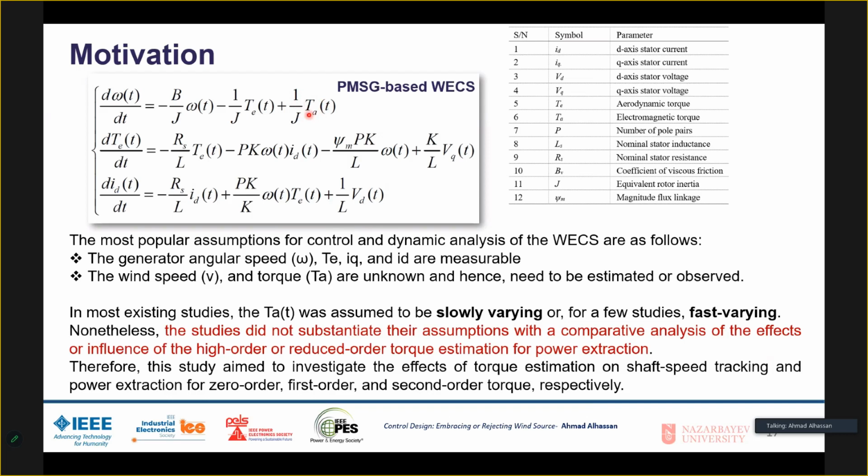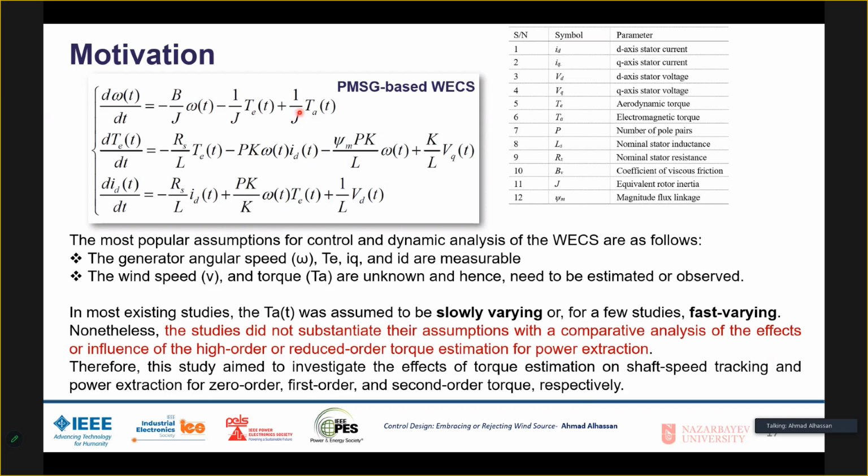In many researches, they assume the nature of this torque to be slowly varying or slowly changing. But in some practical cases, that might not be the case. Sometimes the wind can change fast.